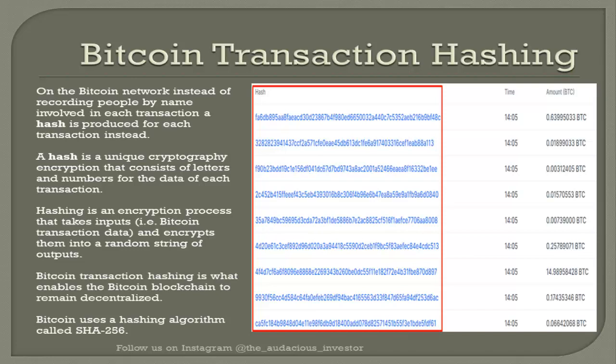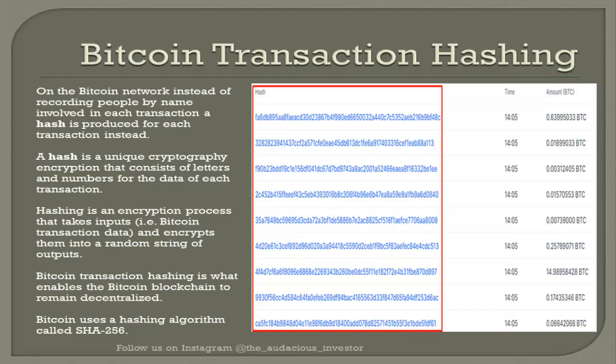So Bitcoin transaction hashing is what enables the Bitcoin blockchain to remain decentralized, and it protects it from being manipulated or altered, despite this ledger being on different computers around the world in a decentralized manner.